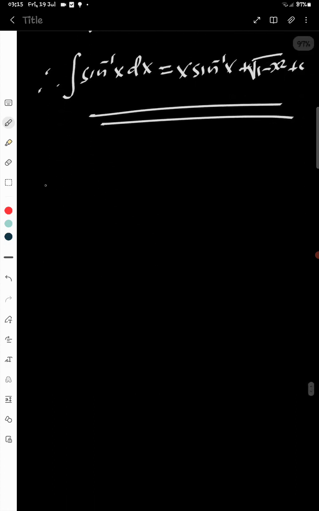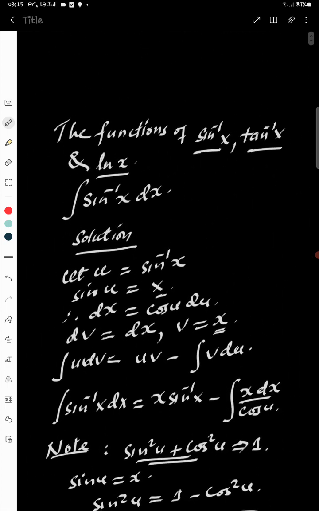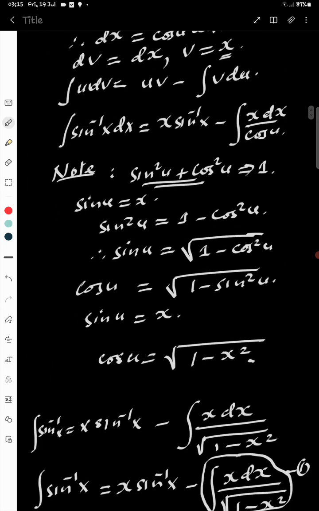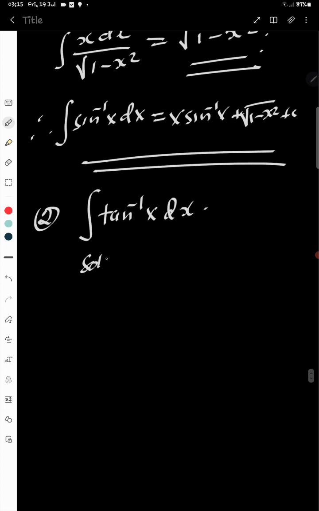The second one is the integration of tan inverse of x dx. Solution. We solve this also by parts.